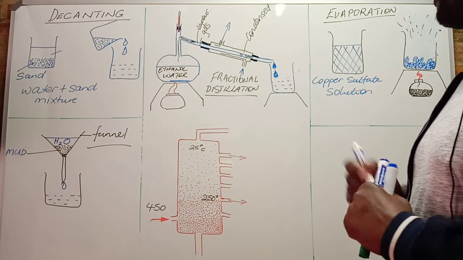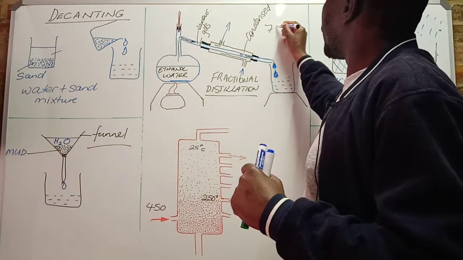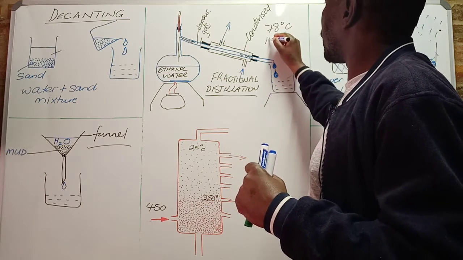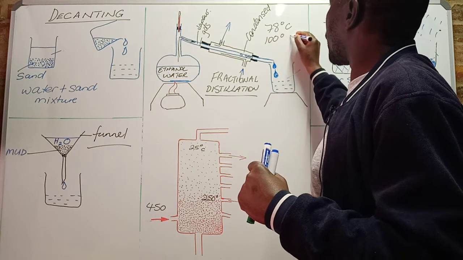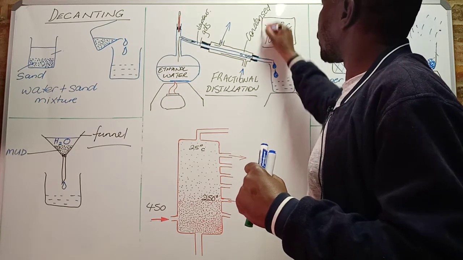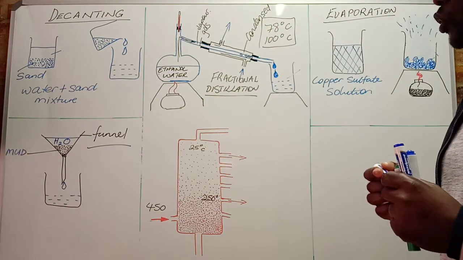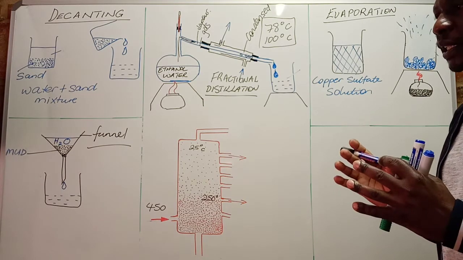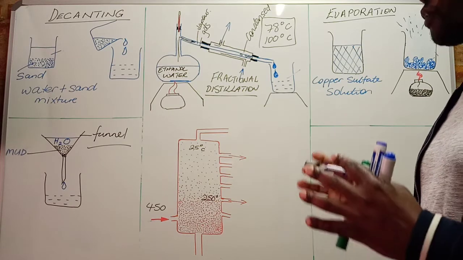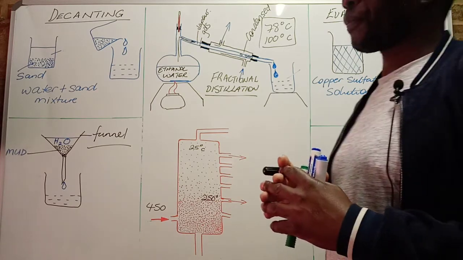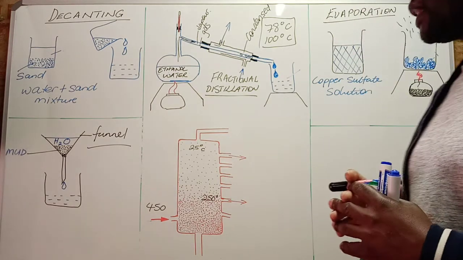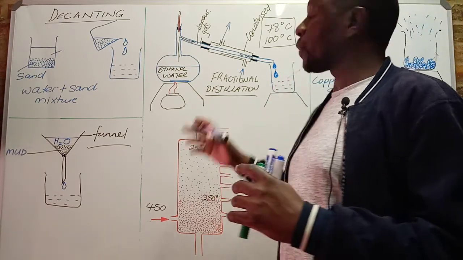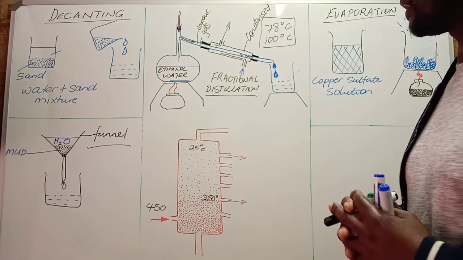Ethanol will boil at about 78 degrees Celsius and water will boil at about 100 degrees Celsius. These two have similar densities and other similar properties, but they have different boiling points. So we take advantage of the different boiling points to separate them.